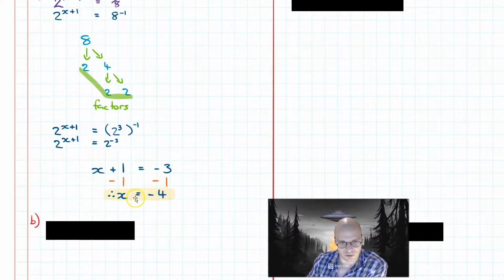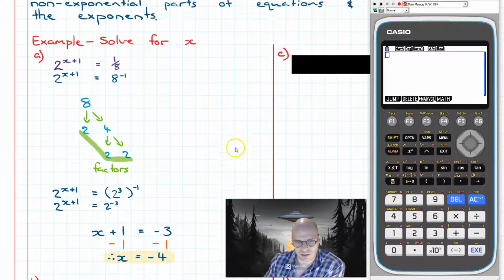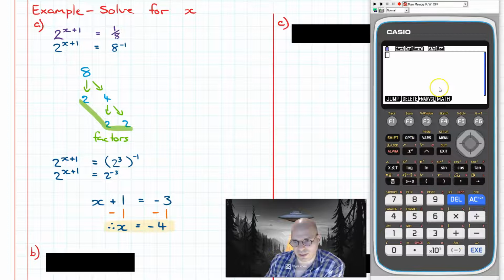Verifying that this is the correct solution, we can use our technology. I'm going to come to the calculator and use the equation solver function. To do this, I'm going into option, F4 for calc, solve, and then I'm going to key in the equation.